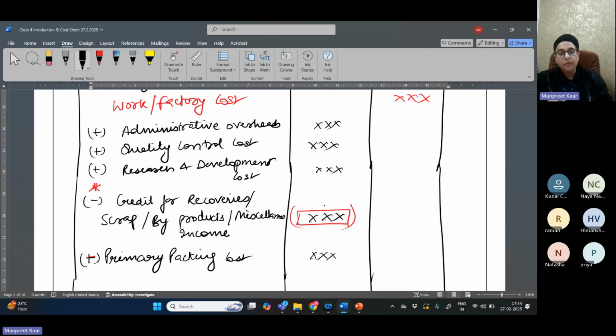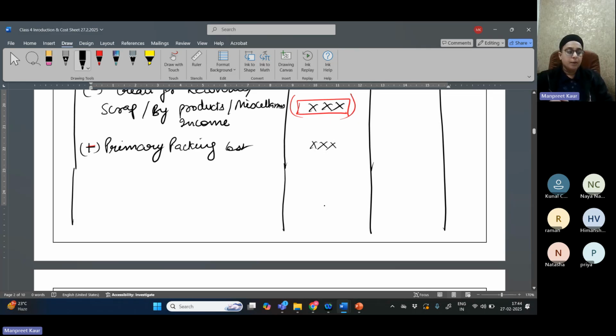Factory cost, add admin, add quality control, add research cost, minus credit for recoveries, add packing and primary cost. We get the cost of production.